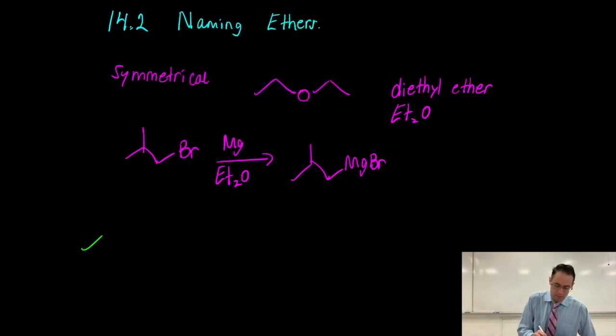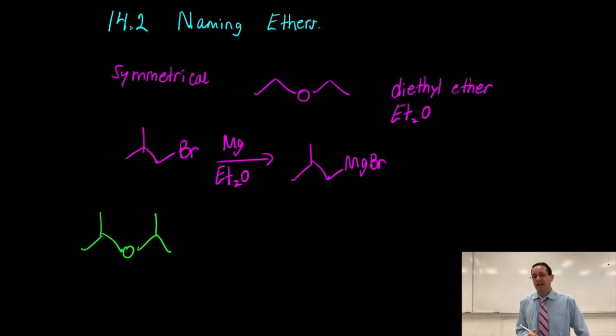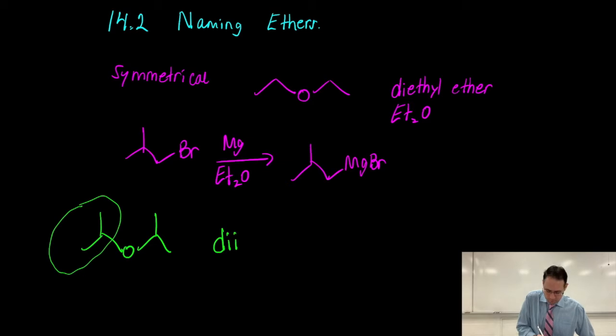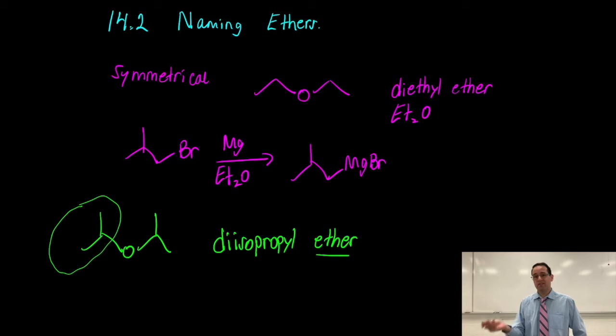How about another symmetrical ether? That's an isopropyl group here. So this would be called diisopropyl ether. And it's interesting, you know that it's an ether because the ending of the name is ether.